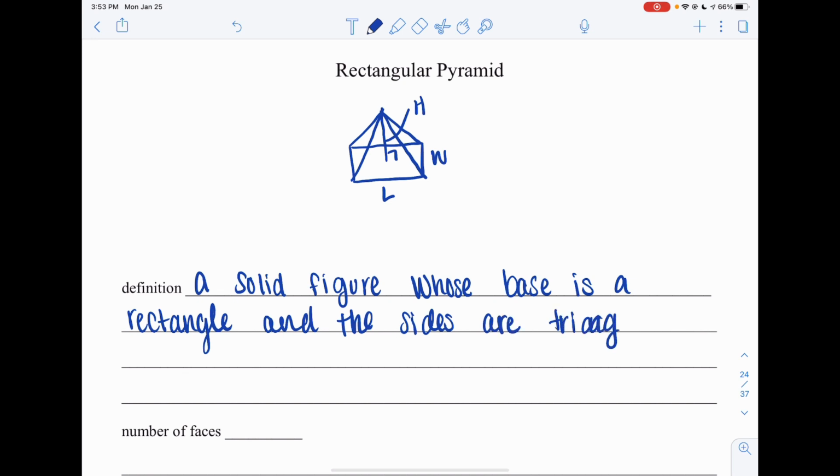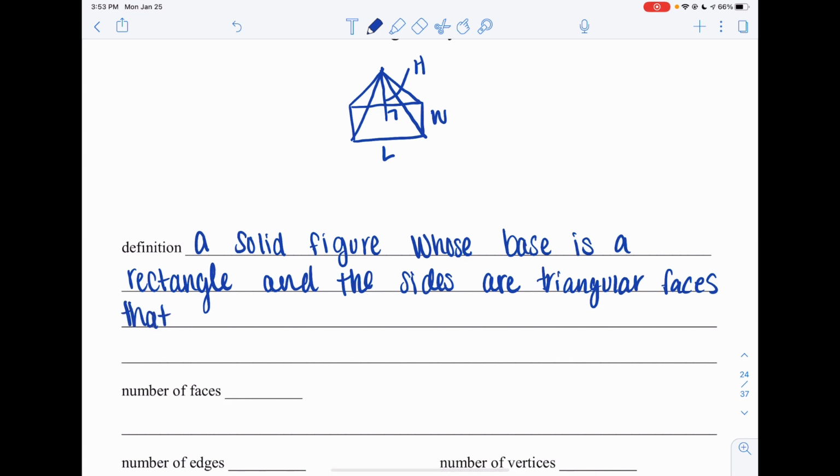And once again, when we're talking about those triangular faces, they meet at the apex, which is the top of the pyramid. Okay, so a solid figure whose base is a rectangle and the sides are triangular faces that meet at the apex or the top. All right, now, once again, we are looking at the number of faces.